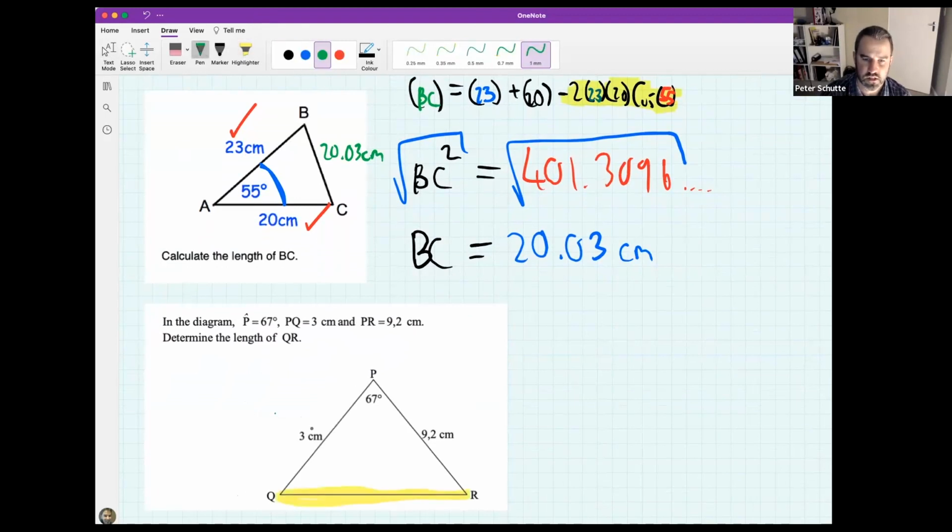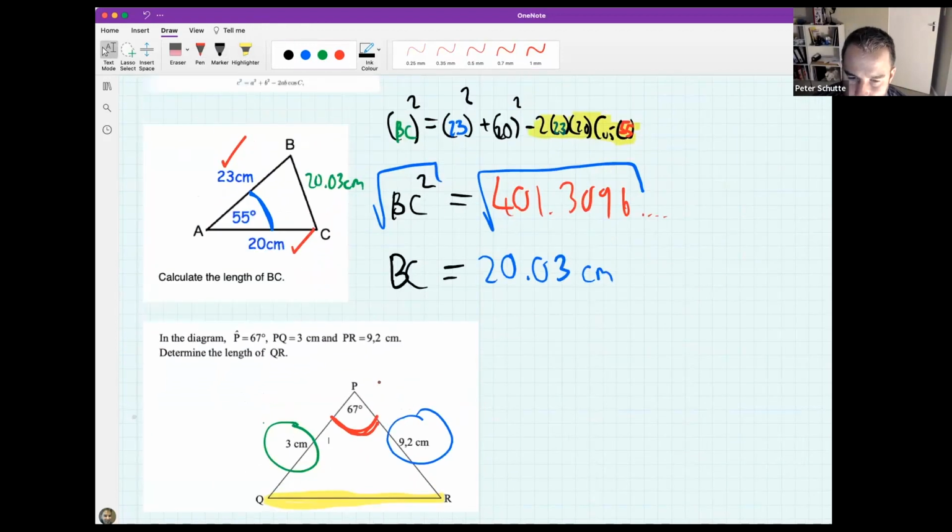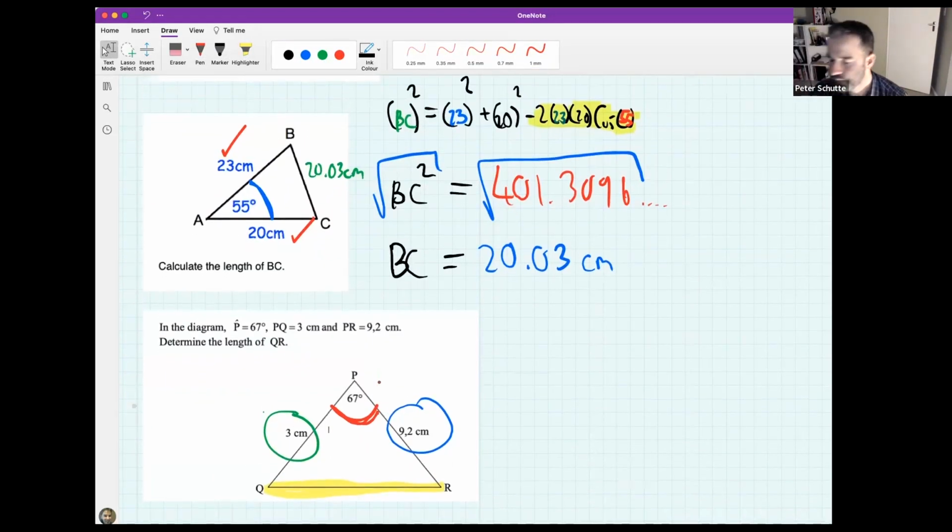You've got this side, this side, and the angle in between those two sides, which is good news for the cos rule. So over to you guys, work out what QR is.